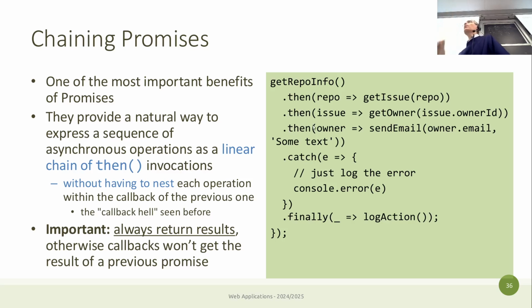So you can chain 3 operations. And you're sure that the second one, so what is specified here in the callback of the second one, will be executed only when the first one terminates. Okay? Because this promise returned by the .then will not be resolved until this operation has been performed.